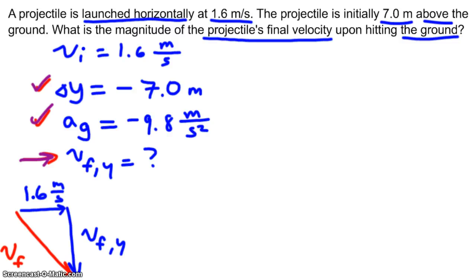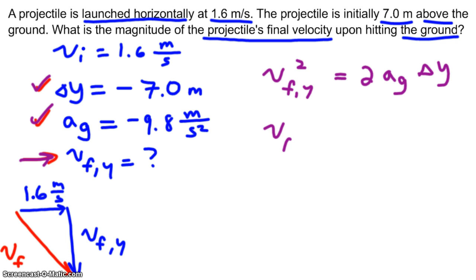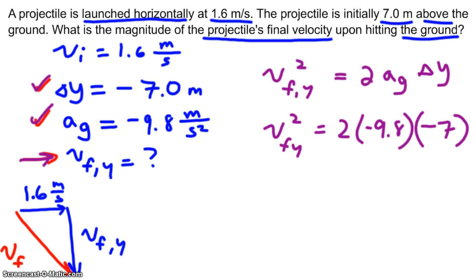So I'm going to write that again up above. V final y velocity squared equals 2 a g delta y. Now I'm going to plug in the values: negative 9.8. Delta y we saw was negative 7. And you square root both sides to get your answer. What's the value here?